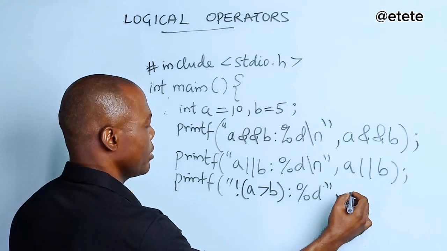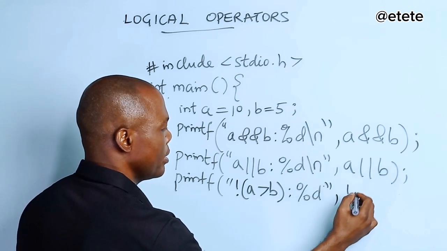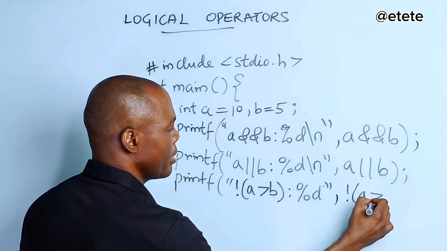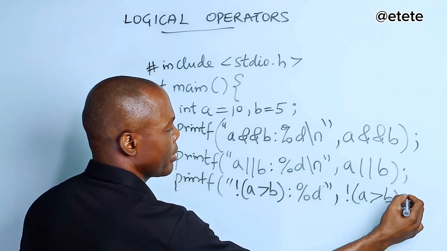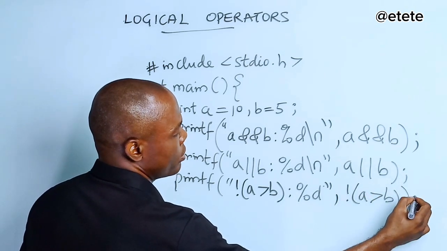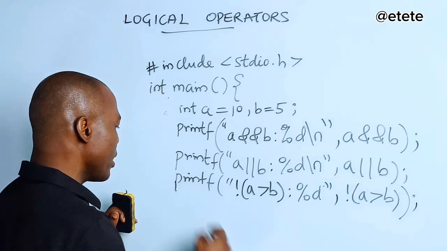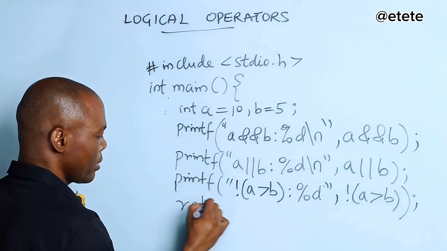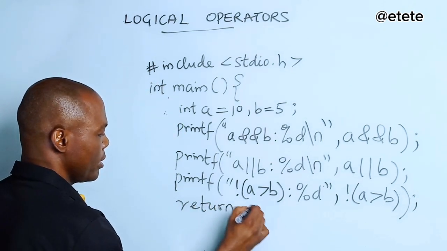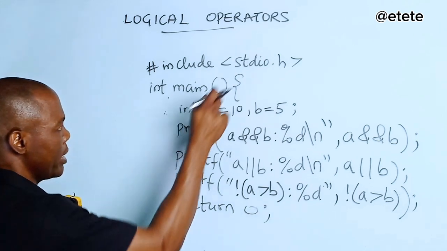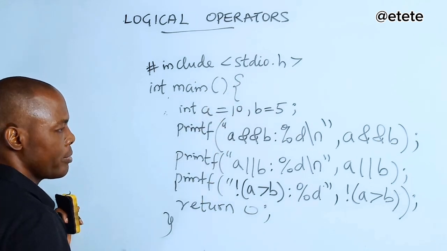So I'll say this, A greater than B. Then I'll close this. Then I'll say return 0. I'll close this, and then I'll close my curly bracket.